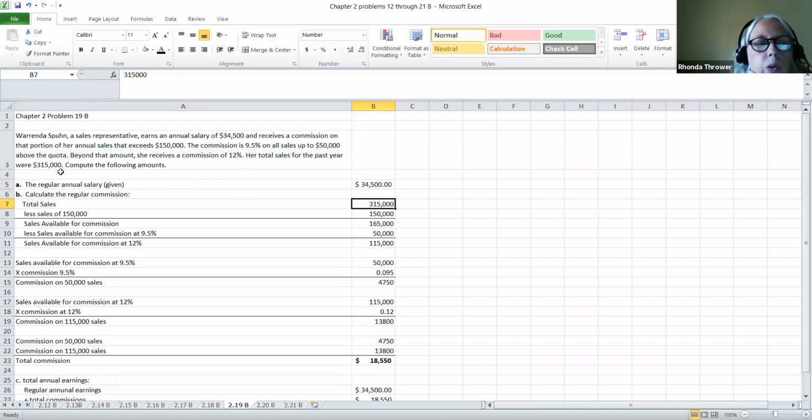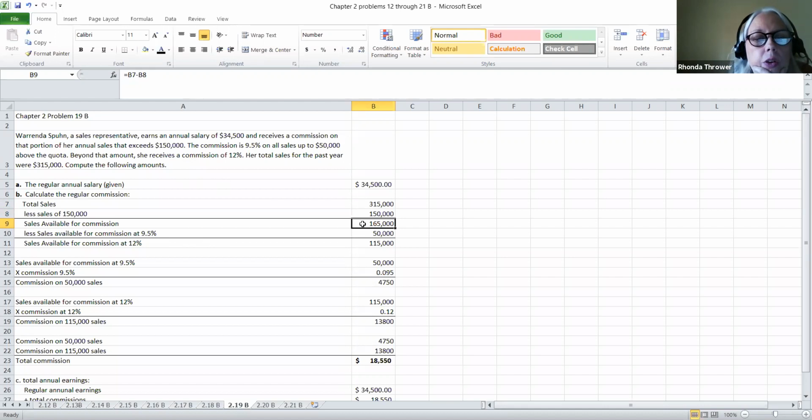This employee sold a total amount of 315,000. We're going to subtract out the base salary that she has to sell without a commission, which was given at 150,000. What that means is she has made sales above 150,000 of 165,000. That's going to be available for her commission.